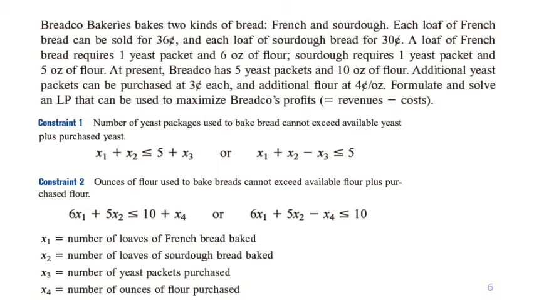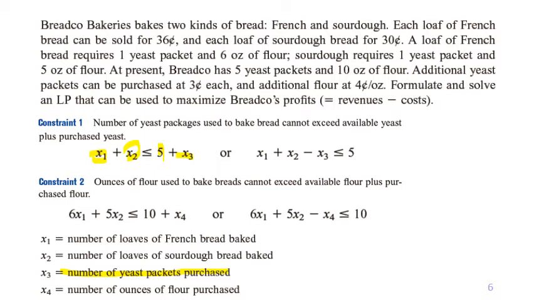So let's talk about the yeast. For each French bread, you require 1 packet of yeast, and for the sourdough, you also need 1 packet of yeast. It cannot exceed 5 packets that you have on hand, plus x3, which is the additional number of yeast packets that you purchased.